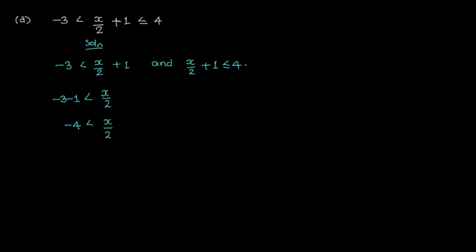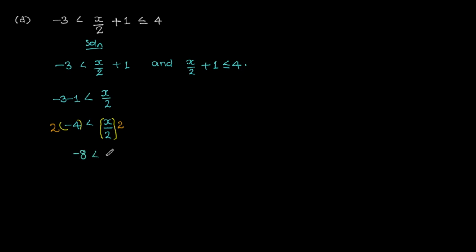And quickly we can multiply both sides by the LCM, and here our LCM happens to be 2. So we have here 2 and also 2. So from the left hand side, 2 times -4, we get -8.